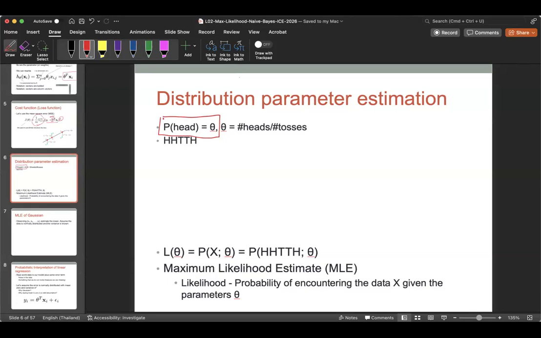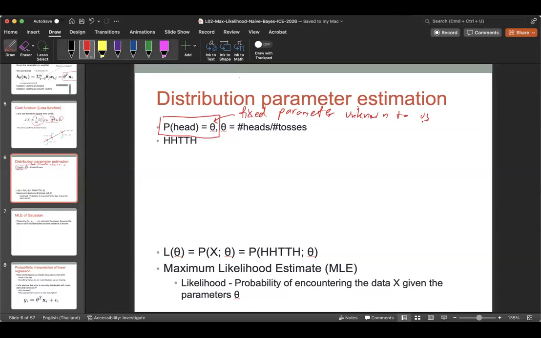So I say this coin has a probability of head theta, and theta is some fixed parameter that is unknown to us. Our goal here is to estimate this theta.